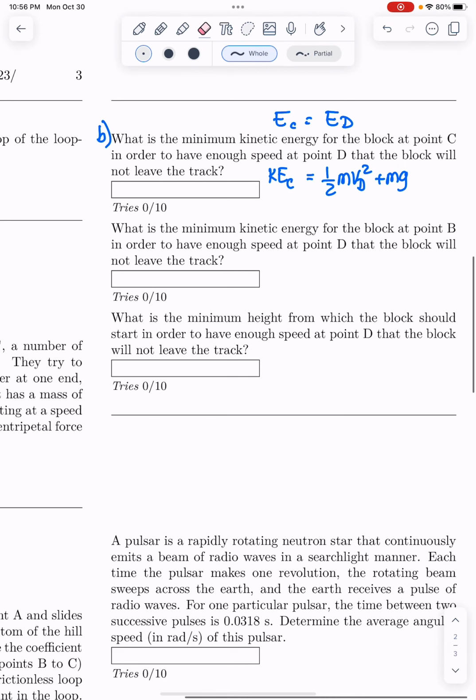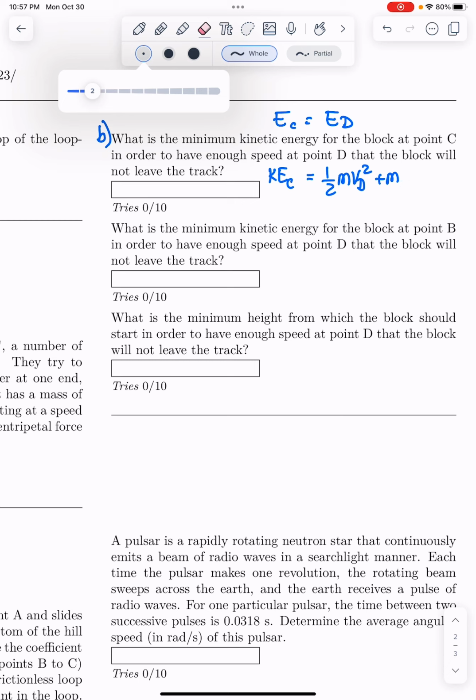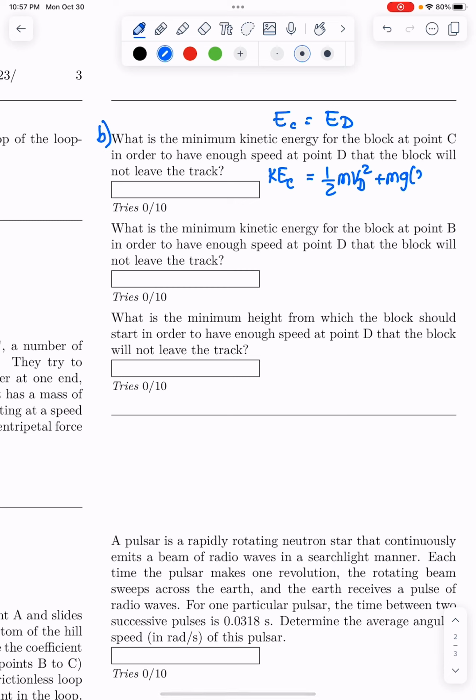So we are going to put here mg 2r. So here you go, you plug in your numbers and calculate the kinetic energy at C.